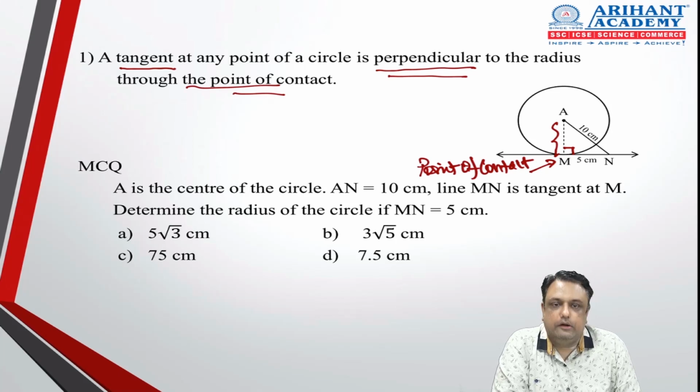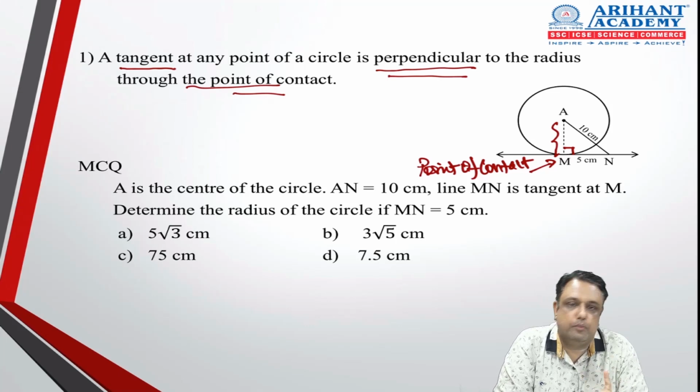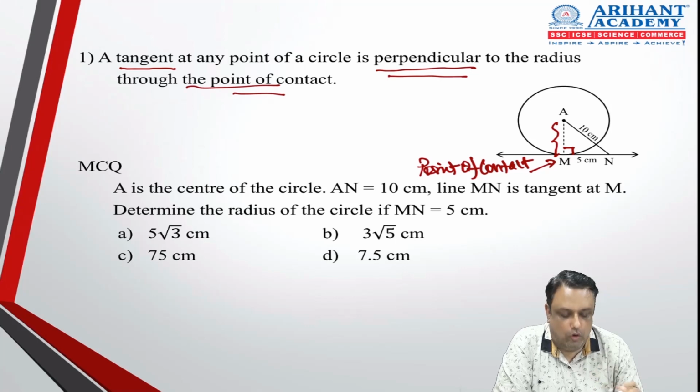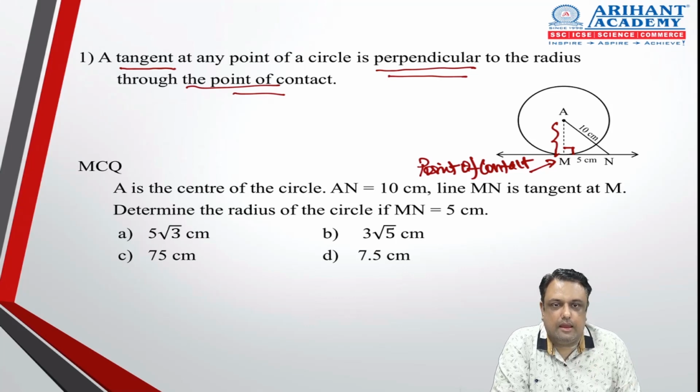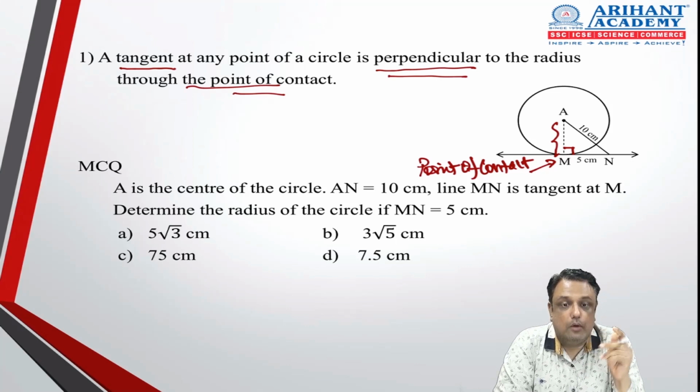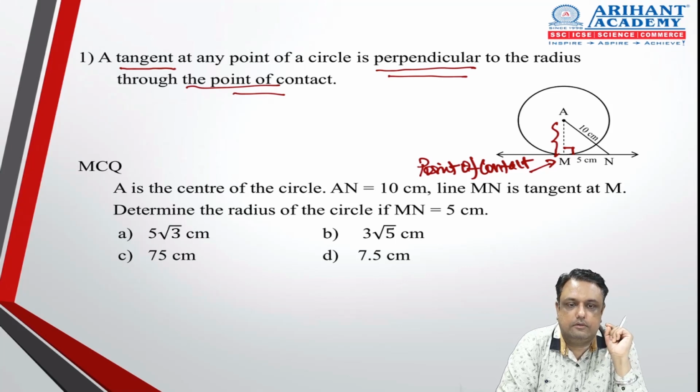So the radius is always perpendicular to the tangent at the point of contact. Always. So your radius AM will always be perpendicular to the tangent at the point of contact. The point of contact is the point which is common to the circle and the tangent.